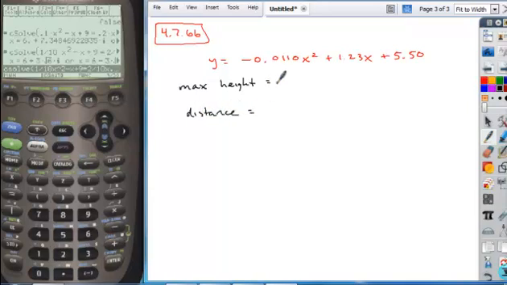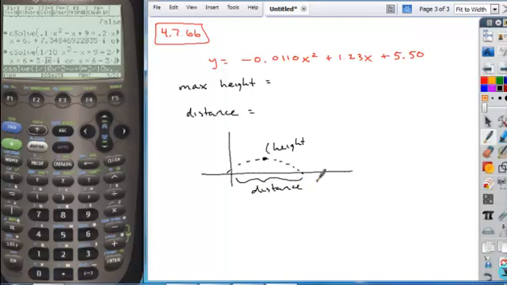Okay, so the maximum height is going to be the vertex of this parabola, and the distance, if you look at what the graph is going to be, so here's your max height, right? And then the distance is going to be this total distance traveled till it hits the ground again.